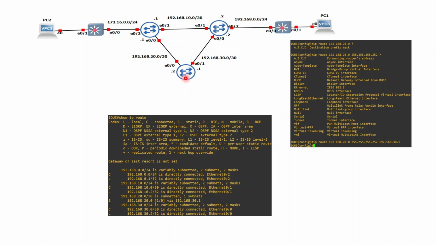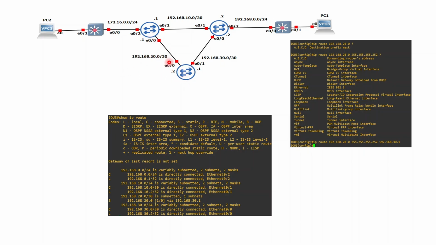So this router knows how to reach this network, but this router doesn't know how to reach this network. So we are going to use a next hop address. These two routers are directly connected via the network 192.168.30.0/30. So I will use the next hop address, which is the address of this router, so that I can reach this network, because this router knows this network well.